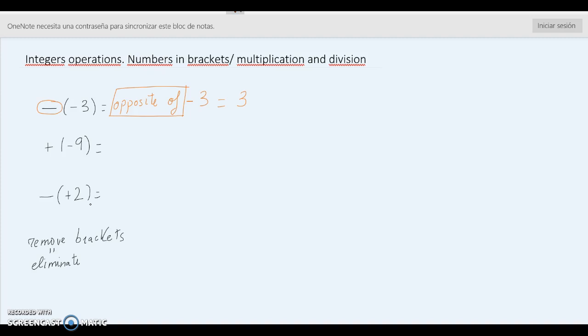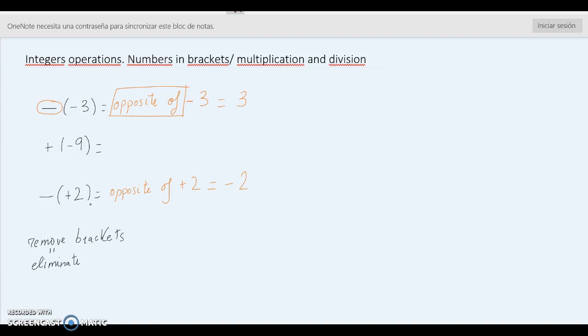We have a similar example here: negative, open brackets, plus 2, close brackets. So this is the same as opposite of plus 2. And this is obviously minus 2.